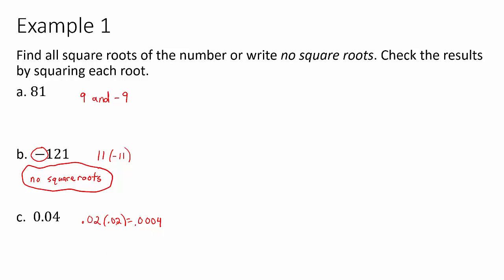We need 4 of them to make that happen. So this actually isn't the correct one. We need fewer decimals, so let's try 0.2. 0.2 times 0.2 gives us 4 with 2 decimal places. So that is the correct answer. We want positive and negative 0.2.